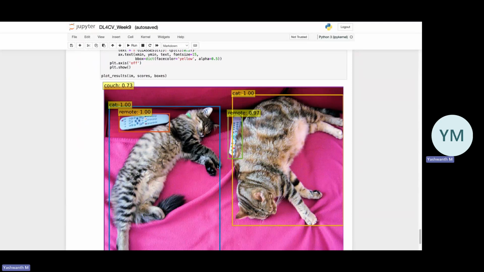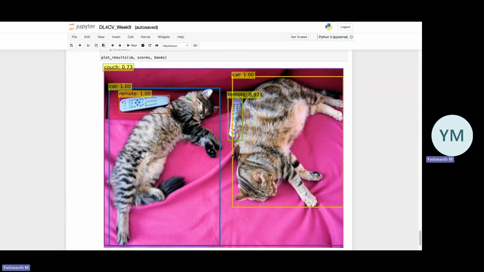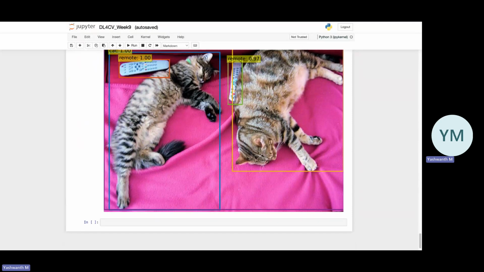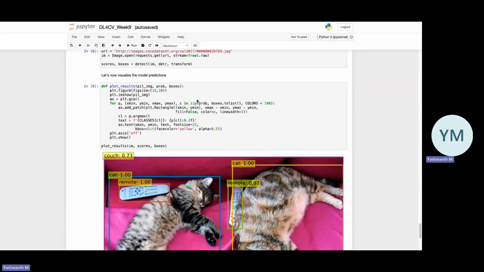So you can see that the object is being detected as cat and remote with pretty high confidence. So this is all regarding the notebook for this week, and we can move to the Q&A part now.